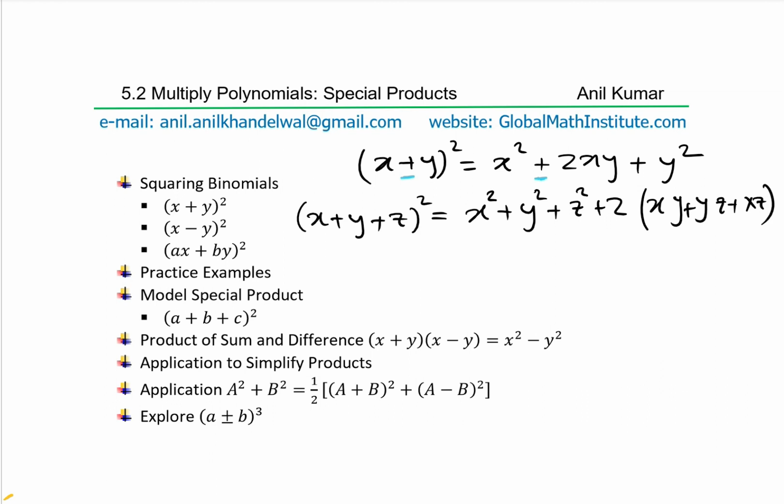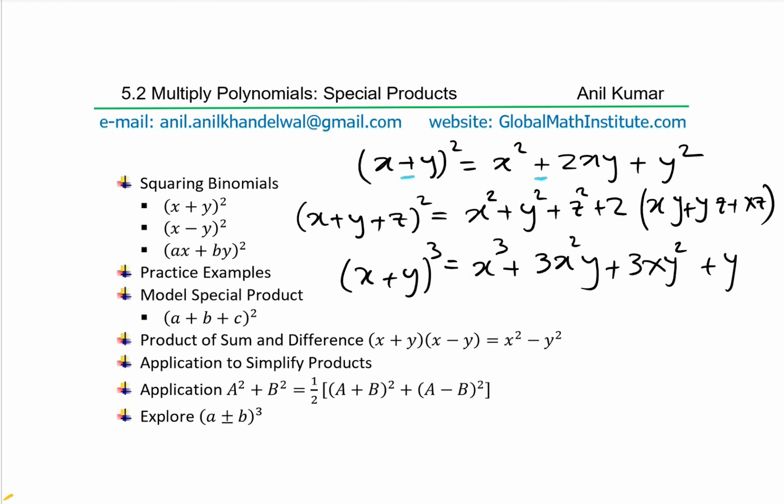Now, we also talked about the cubes, which is (x plus y) whole cube. So in that case, it is x cube plus 3 x square y plus 3 x y square plus y cube. And in this case also, if there is negative, odd powers of y become negative and you get your result.